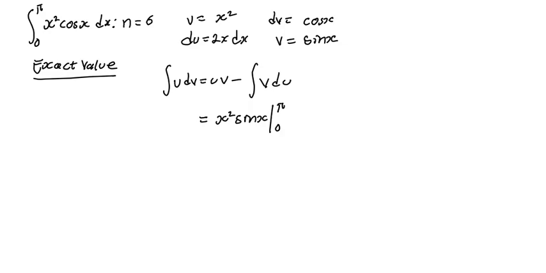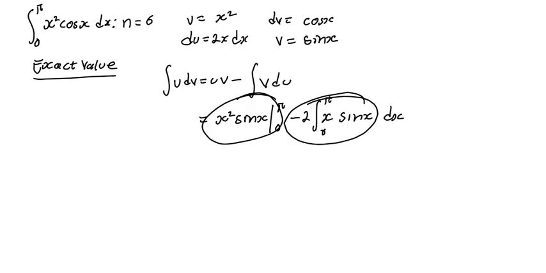Then minus the integral of v du: 2x dx multiplied by sine x. I can bring the 2 outside, then I have x sine x dx, from 0 to pi. So for simplicity, let's try to evaluate this one.